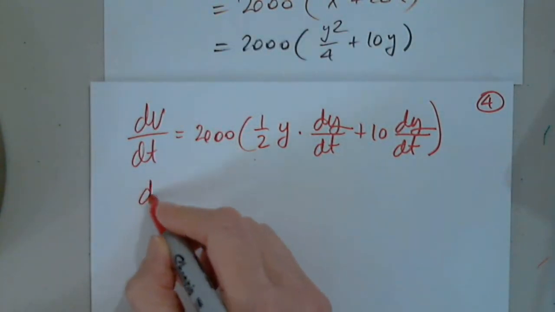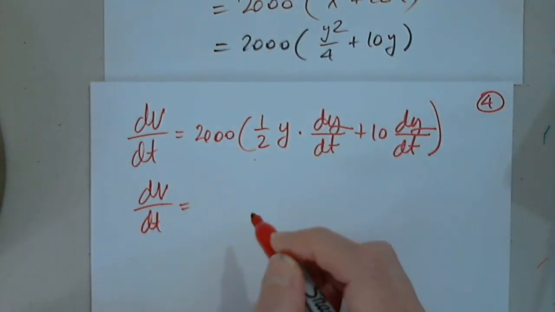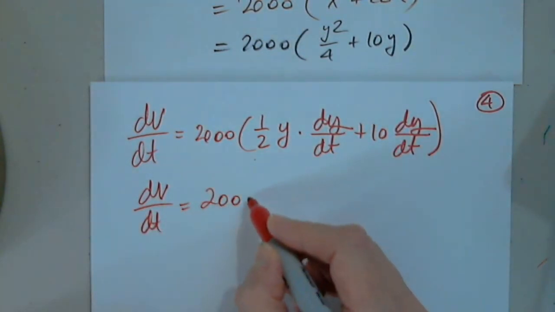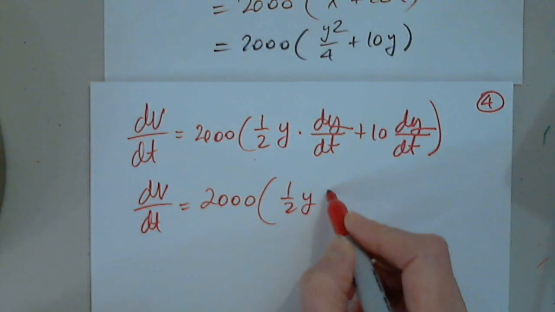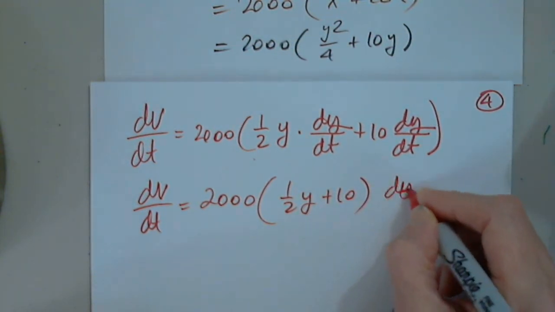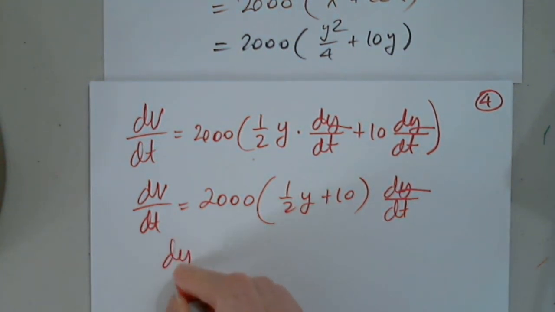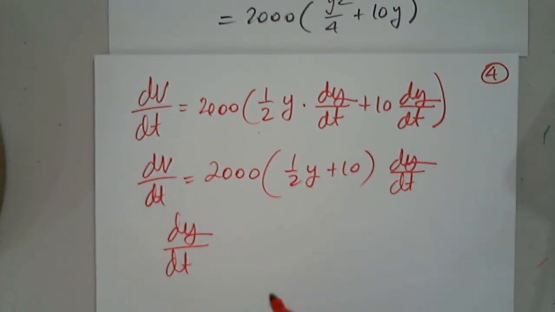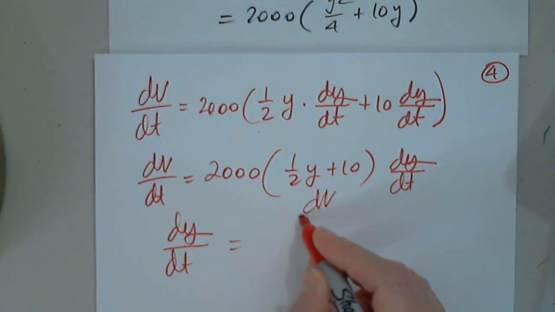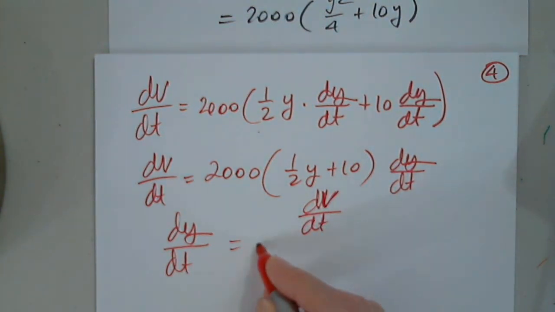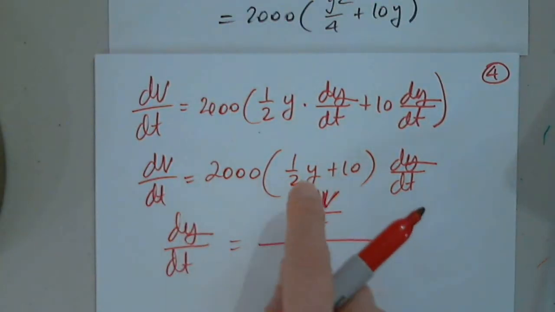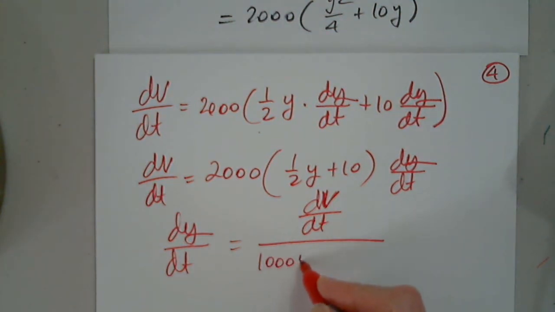No, I don't want to put it in. dV over dt equals 2,000 times 1/2 y plus 10, times dy over dt. And now I divide this by this. So dy over dt is dV over dt over all this. Now I can distribute it. So 1,000 y plus 20,000.